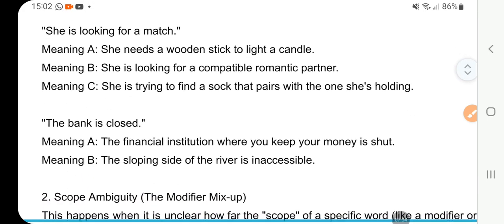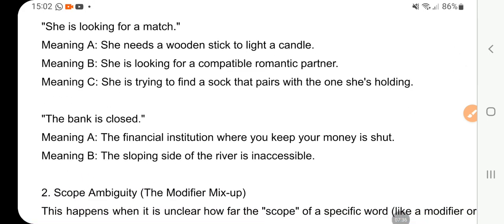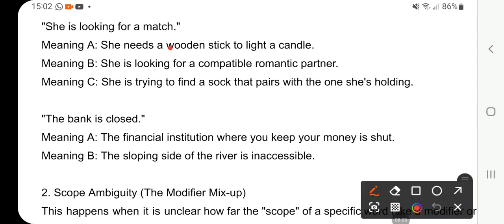Now moving to another example. She is looking for a match. This sentence has three immediate meanings. She is looking for a match, right? Now, first meaning is match means wooden stick, matches, right?